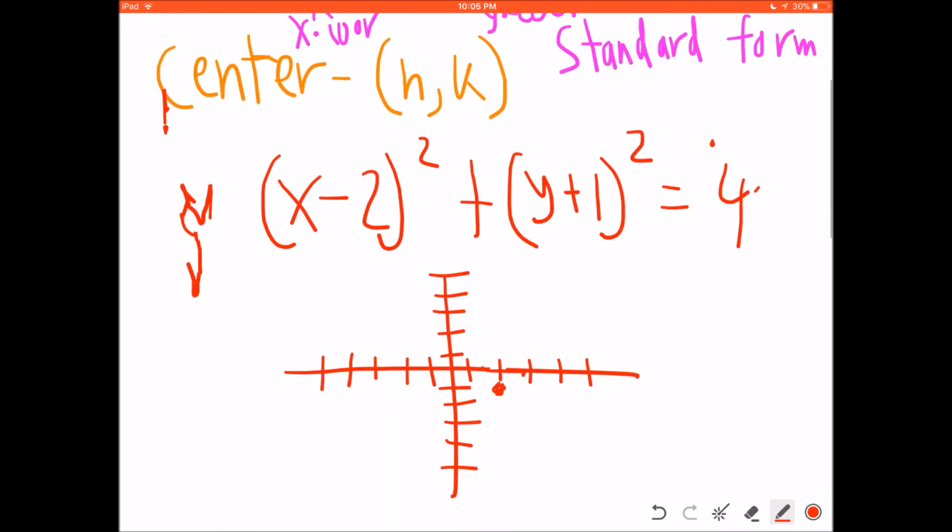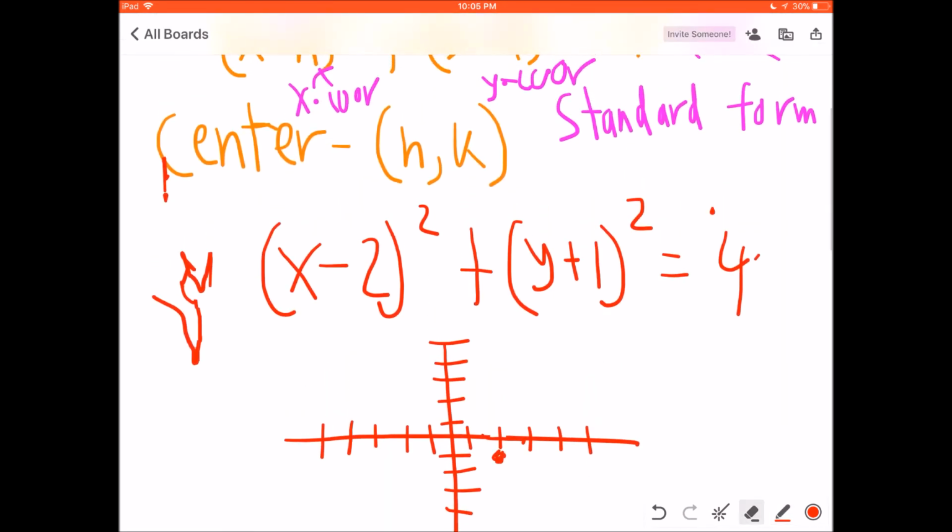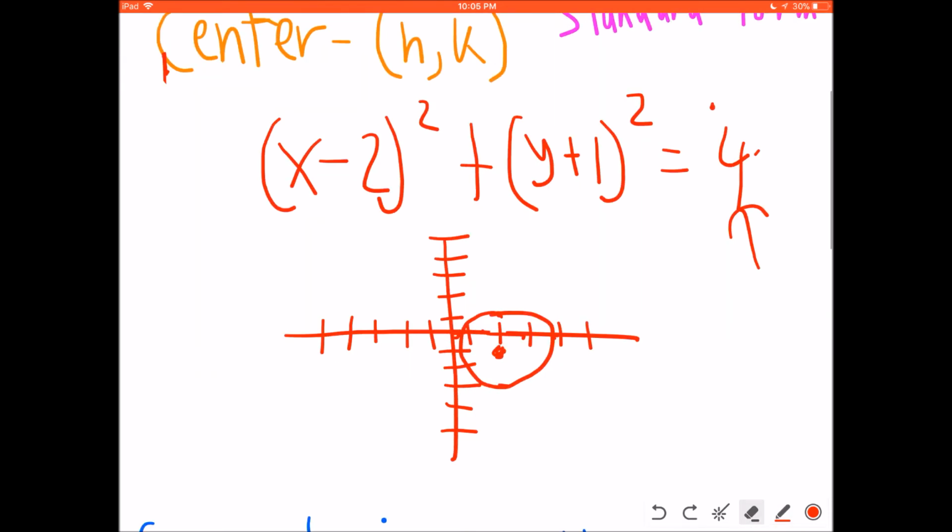Whatever your radius is, you just take the square root of the number on the outside here. So the square root of 4 is 2. So you go 2 units up, 1, 2. You go 2 units down, 2 to the right, and 2 to the left. And then you draw your circle. Not the best circle, looks more like an oval, but that's the general way you want to do it.